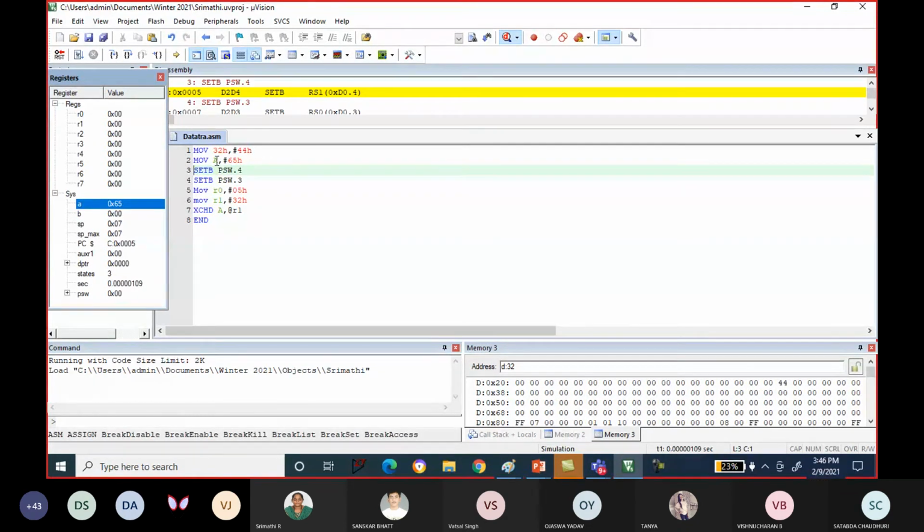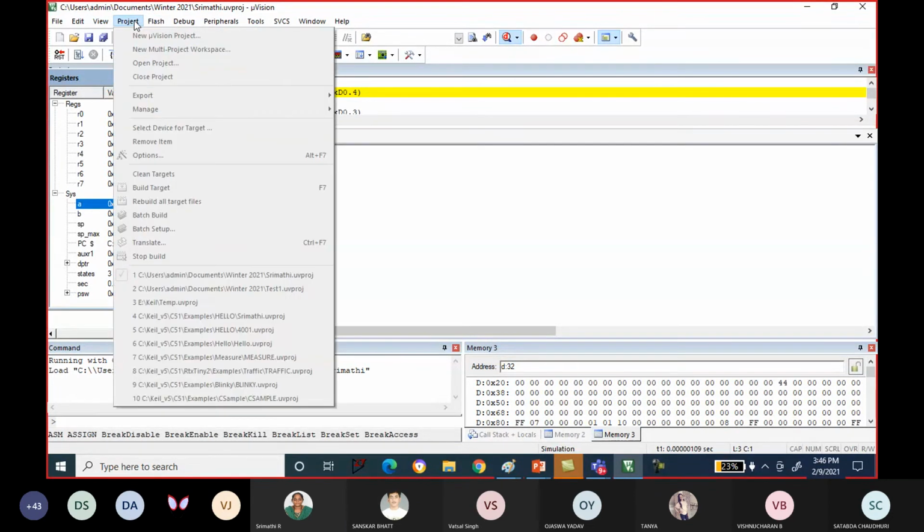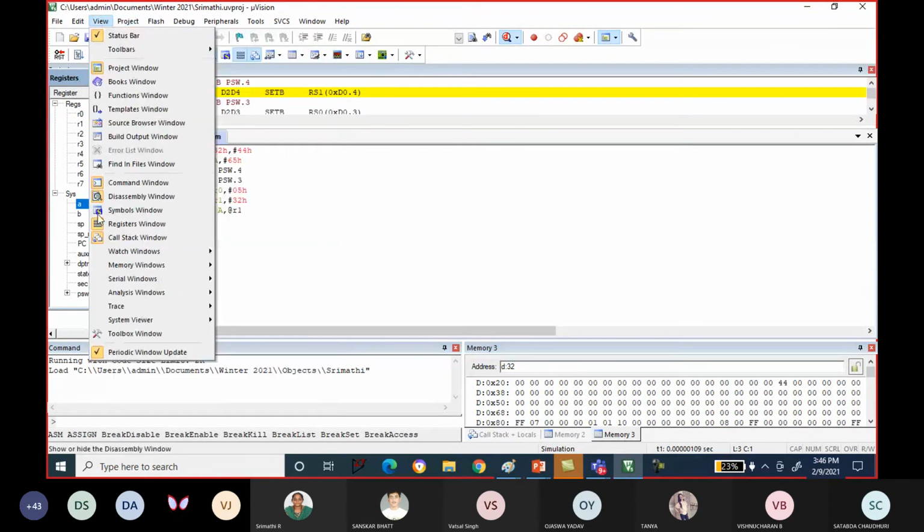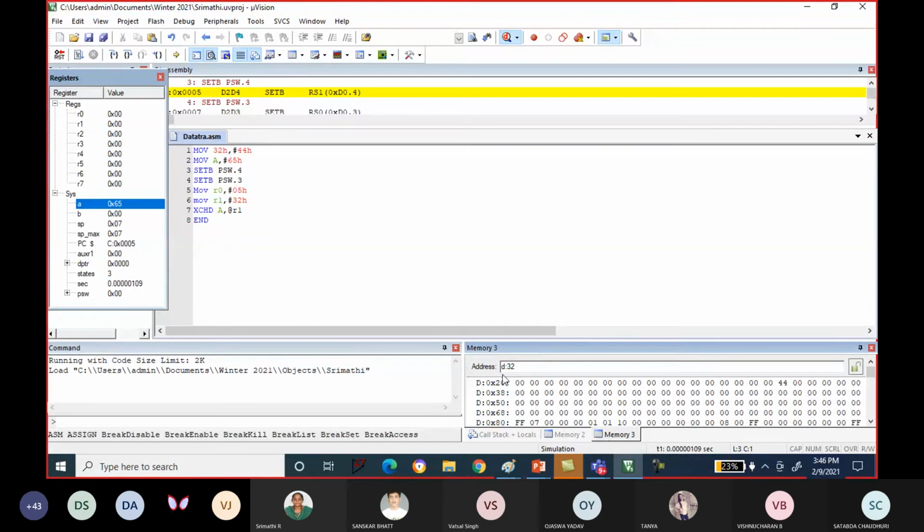The memory window can be viewed by View, Memory Window. I have already enabled it and kept it here. The D represents your data memory, which is nothing but your RAM, and you know that the addressing is 8-bit.